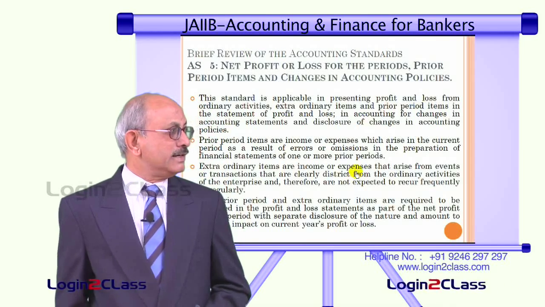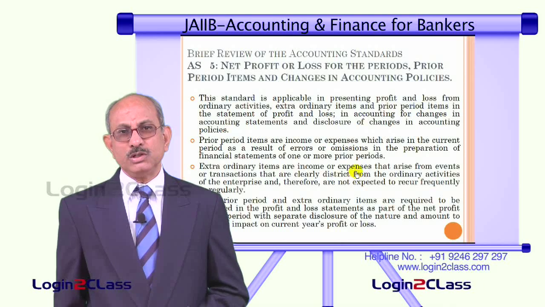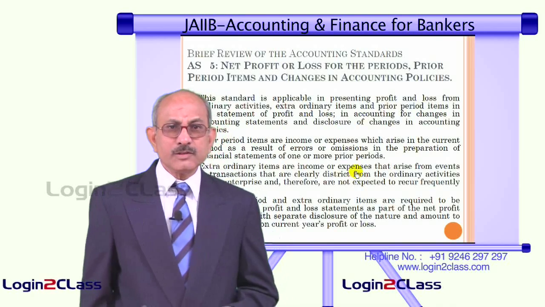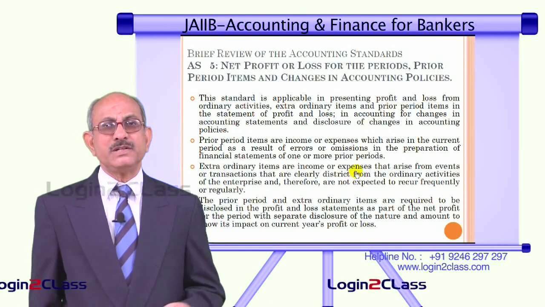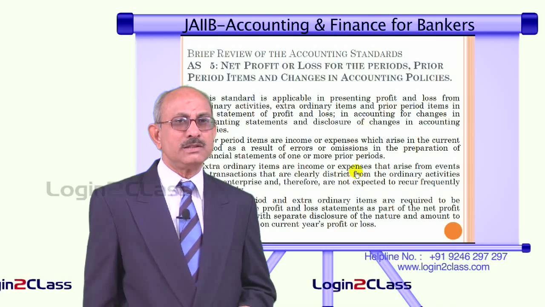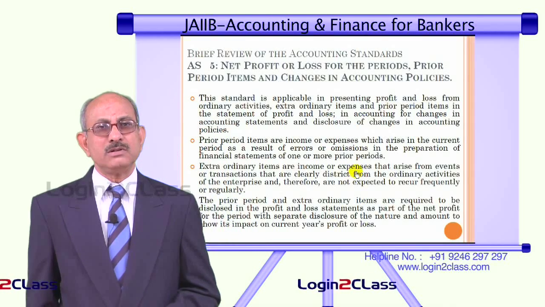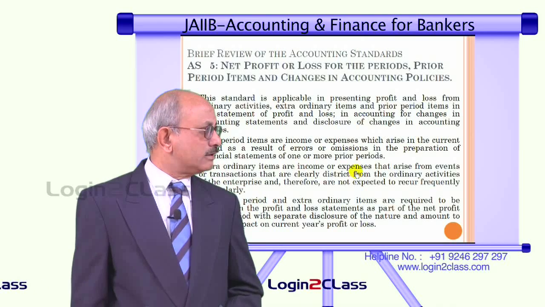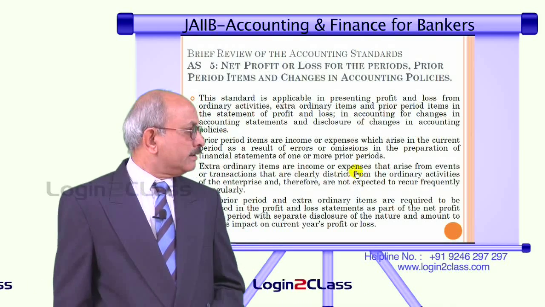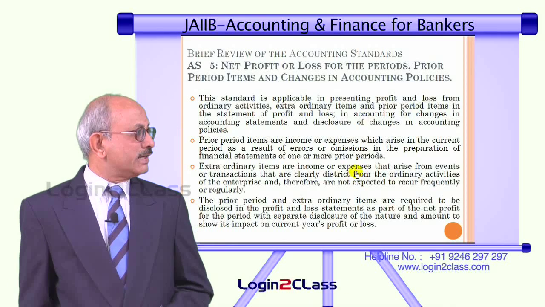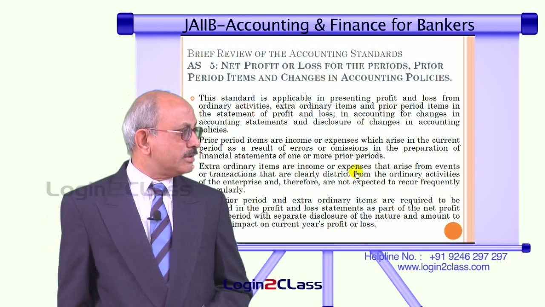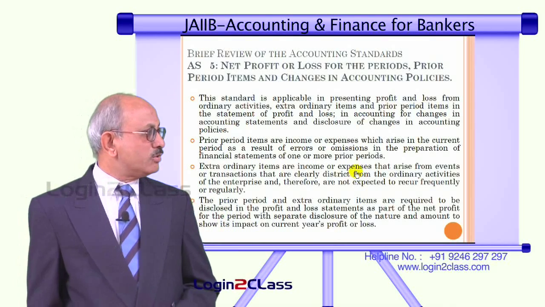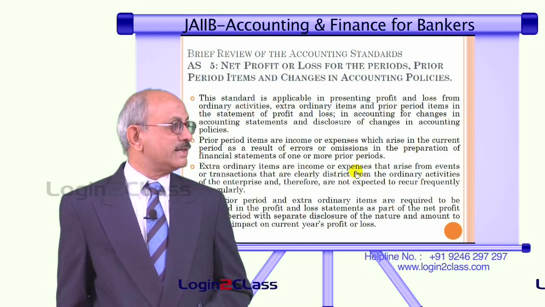Therefore, it is necessary to segregate extraordinary items also, so that the users of the financial statement are in a position to know what is the normal profit of the entity after deducting all such extraordinary items or expenses. Even expenses also may distort the profit and loss position of the entity. The prior period and extraordinary items are required to be disclosed in the profit and loss statements as part of the net profit for the period with separate disclosure of the nature and amount to show its impact on current profit or loss.